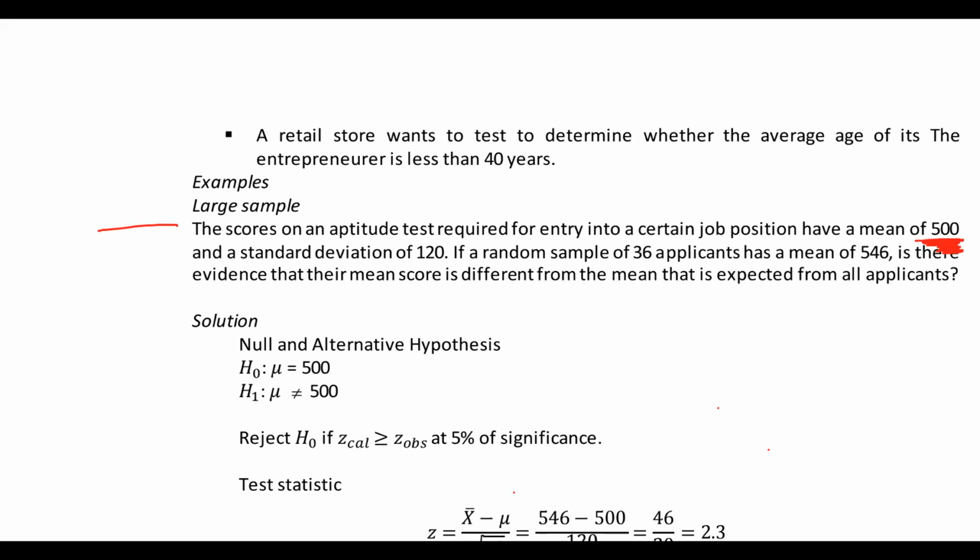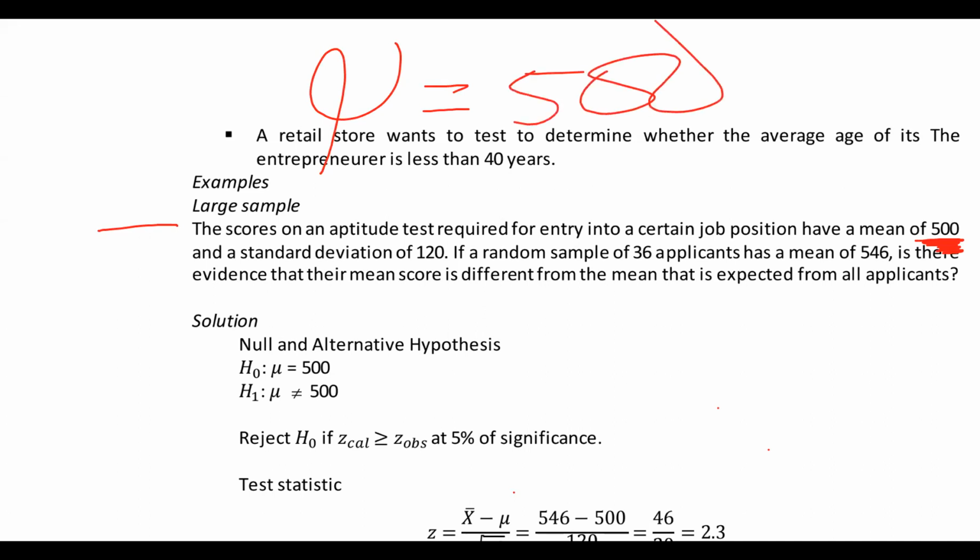We already know that this is our mu. That mu, the existing mean or the mean from the population, in this case is 500. We are told that it has a standard deviation of 120.